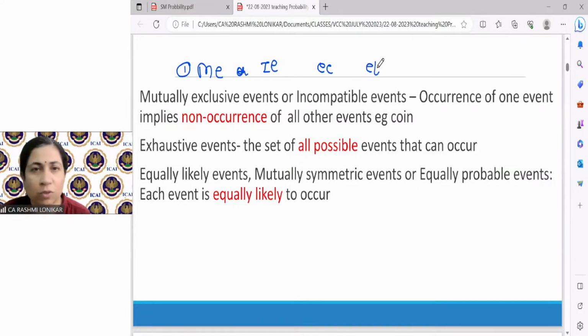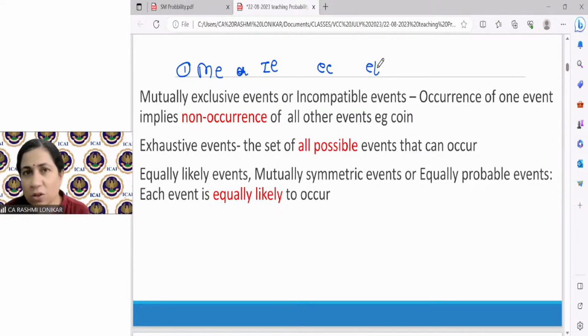I'm talking about an example of flipping of the coin. सिक्का उछाला है आपने, so that is known as flipping of a coin. So you can get a head or a tail. If I get a head, it automatically means I will not get a tail. So that is mutually exclusive, and the events are incompatible. That is, I cannot have at the same time both heads and tails.